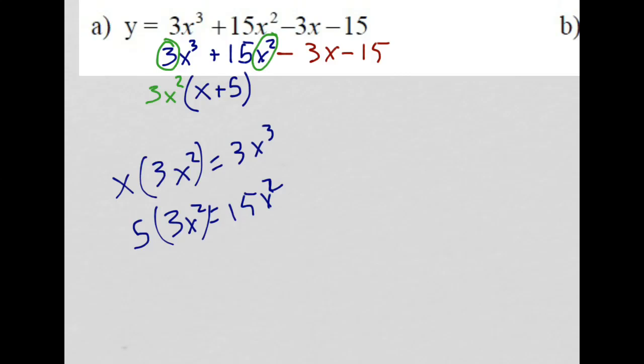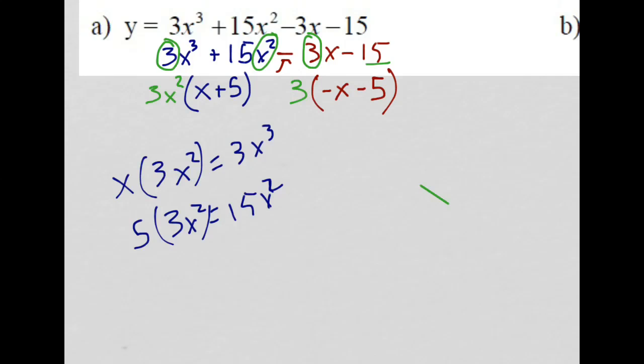Now it's almost the same thing here, except this time I can factor out that 3 still, but my last term doesn't have an x, so that's all I can factor out. I pull out that 3, and I'm left behind with a negative x, because of that negative, and a negative 5 instead of a positive 5.